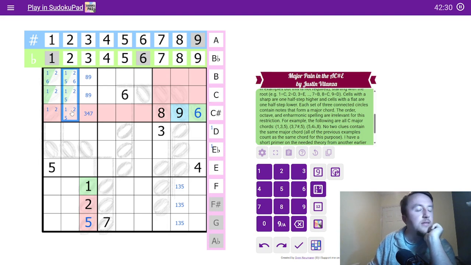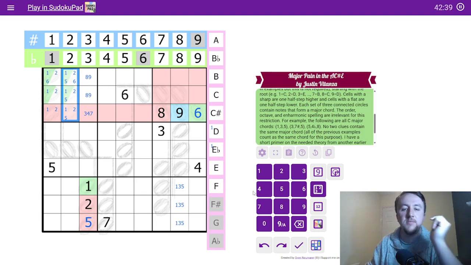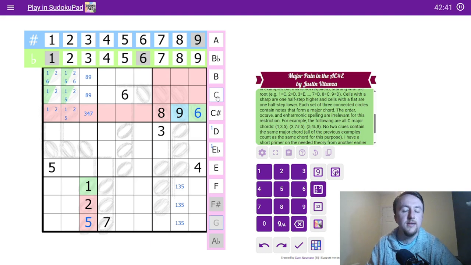So I think the 1 can't go with the 5. If the 1 goes with the 5, is there anything else it could be? A G and a C. If we flatten the C, we get a B, and B G D does make a major triad, but it's this one.